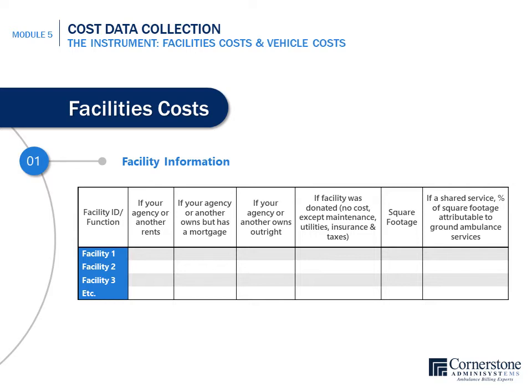Of course, in those cases, there's no cost to acquire it, but there would be maintenance, utilities, insurance, and taxes. CMS wants to know the square footage, and then if a shared service, CMS wants to know the percentage of square footage that's attributable to ground ambulance services.